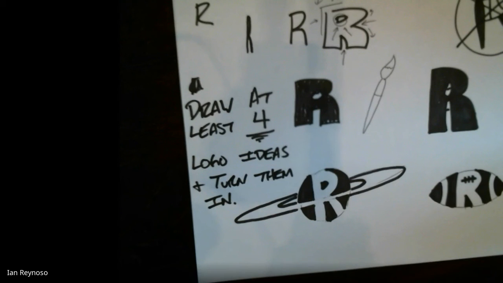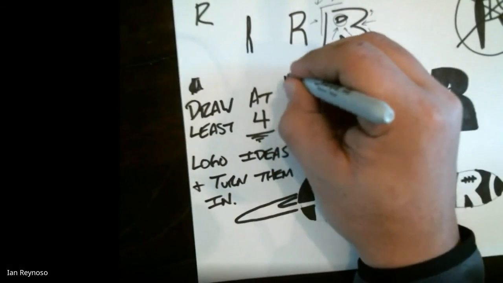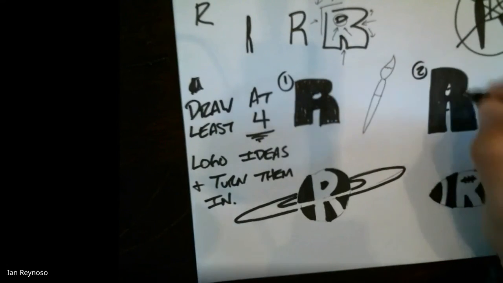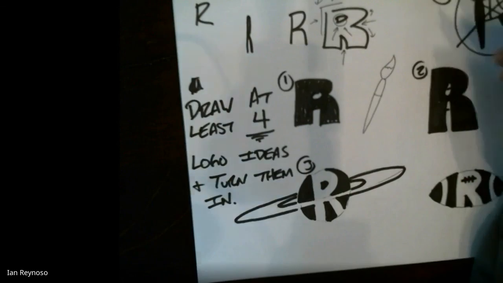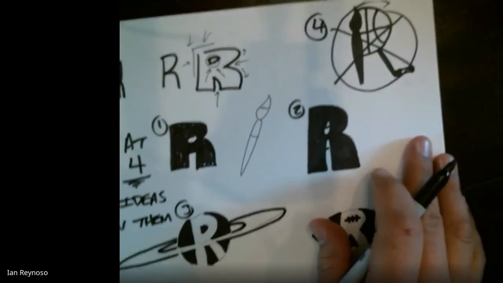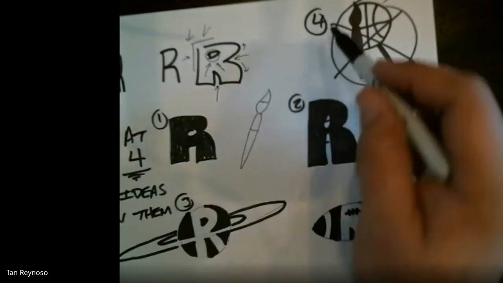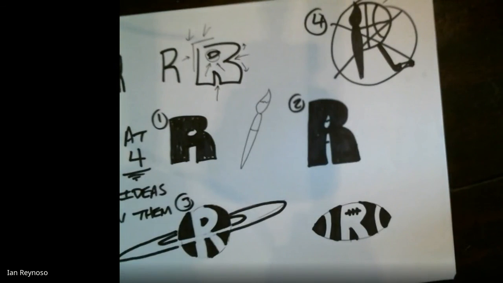Okay? But Mr. Renoso, it's a lot of work. Why do I have to turn 4 in? Because if you go like this, 1, 2, 3, 4, I can say, whoa, whoa.